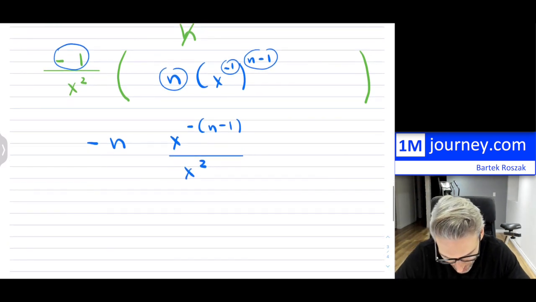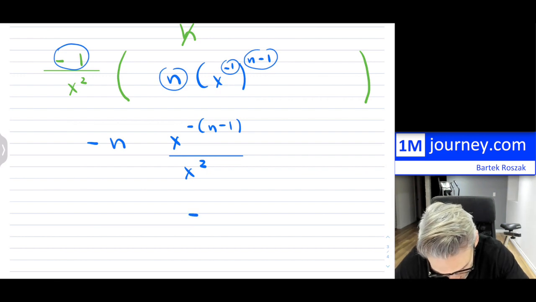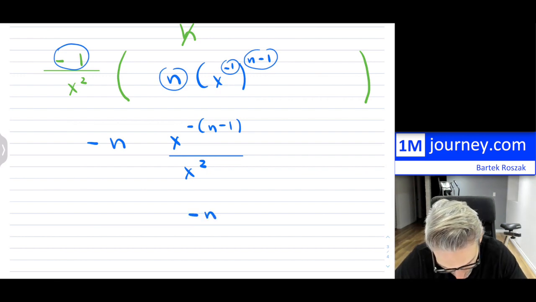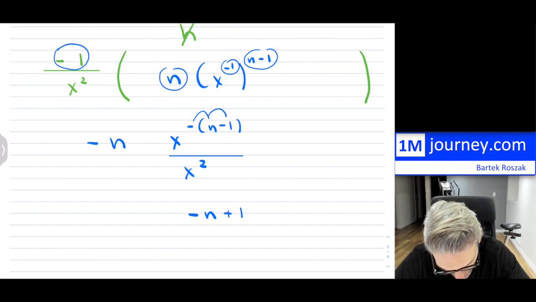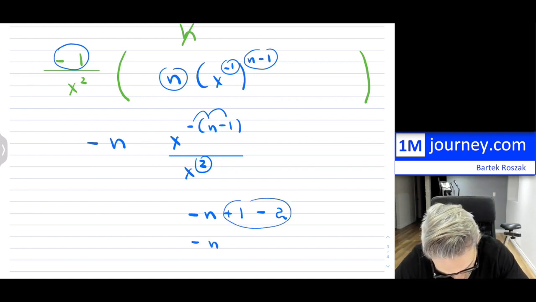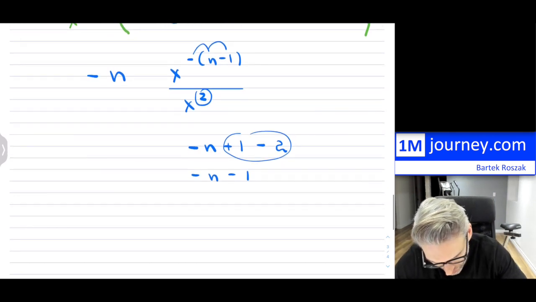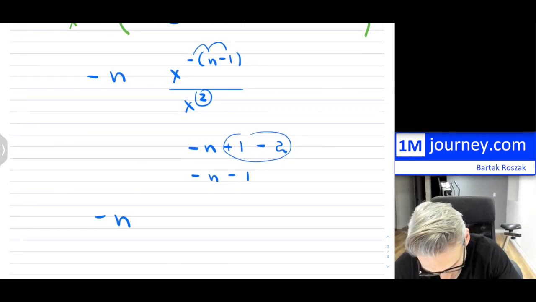Now, your exponent rules, I'm doing division, so maybe I'll just keep it all in 1, so -n, I'll bring this inside here, so plus 1, and then minus the -2, so this is going to be -n, and this is just -1. So in total, I have -n x to the exponent of -n minus 1.